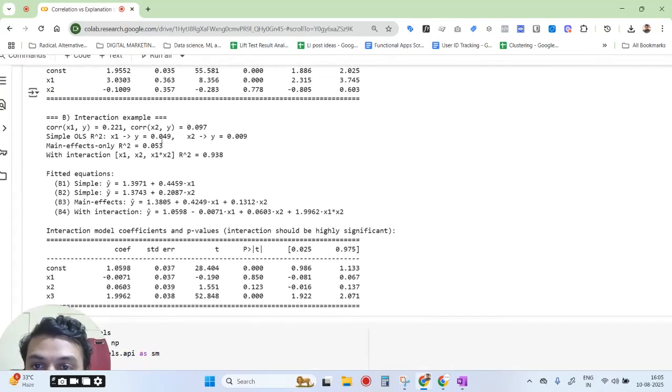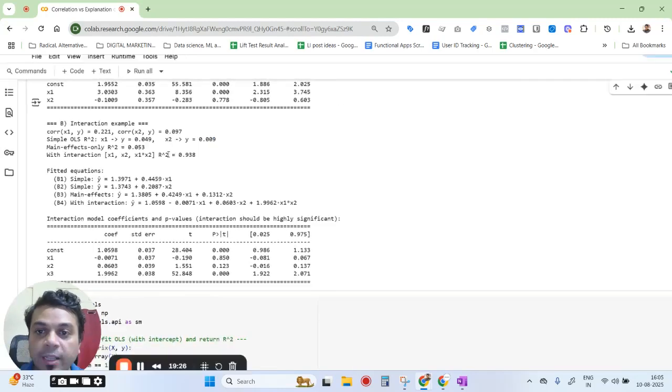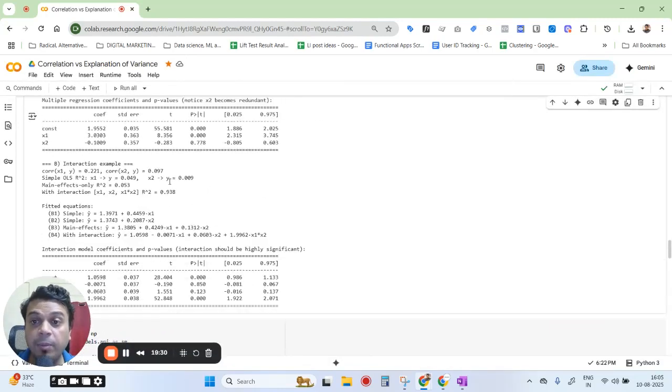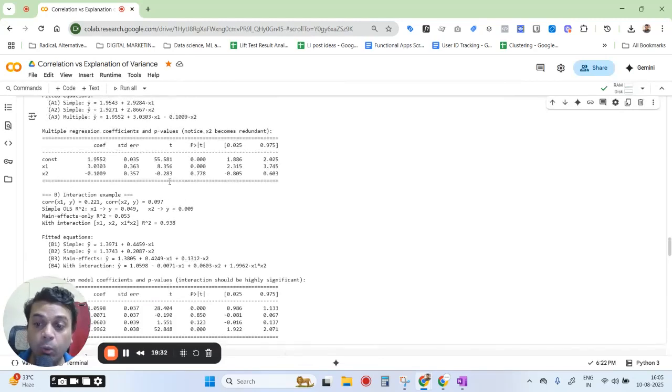You see, between x1 and y, between x2 and y, the r squared is low. Okay, but when you take the interaction term into consideration, you see that the r squared is high, because each of these may have a low correlation value with the sales variable or the output variable, but together, when you're considering interaction terms, they actually explain a lot of variance.